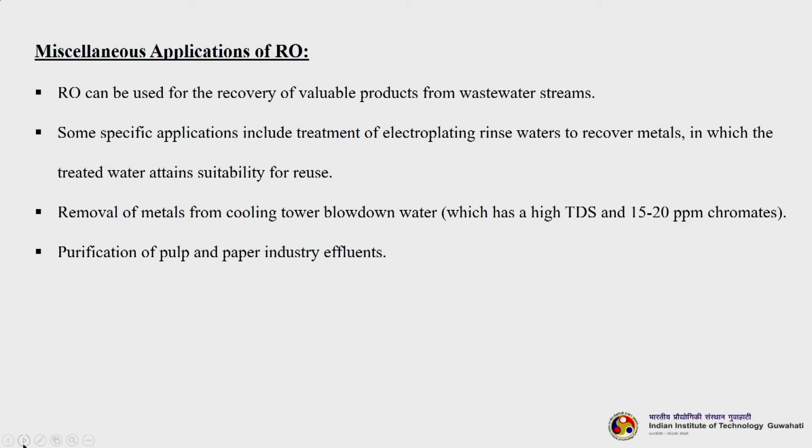So, there are certain miscellaneous applications of RO also existing. RO can be used for recovery of valuable products from wastewater streams. Some specific applications include treatment of electroplating rinse waters to recover heavy metals, in which the treated water attains suitability for reuse; removal of metals from cooling tower blow down water, which is at high TDS as well as 15 to 20 ppm chromates; and purification of pulp and paper industry effluents.